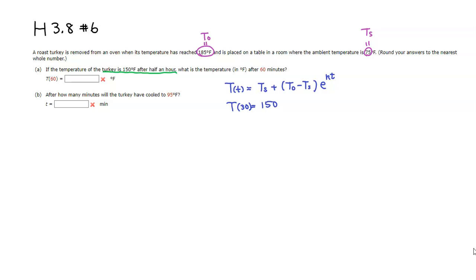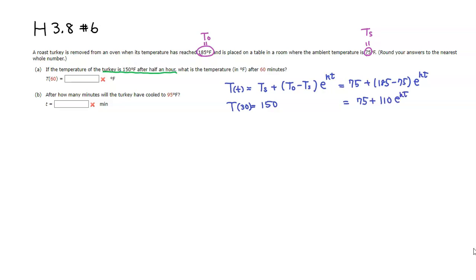So let's do that. The surrounding temperature is 75, so we put 75 here, plus the initial temperature 185 minus the surrounding temperature 75, times e to the kt. Cleaning that up, we have 75 plus 185 minus 75, which is 110, e to the kt.